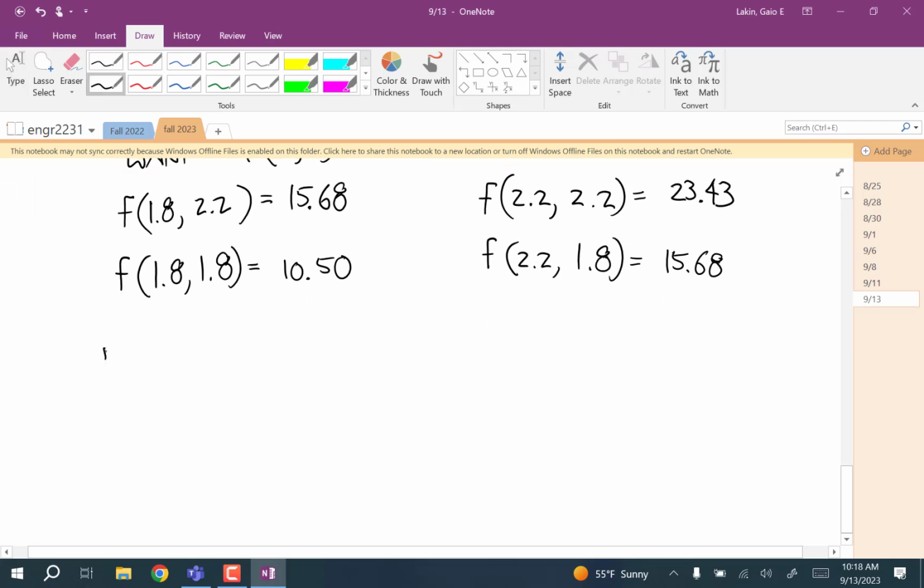So the first step, I'm going to calculate f at 2, with a y value of 1.8.